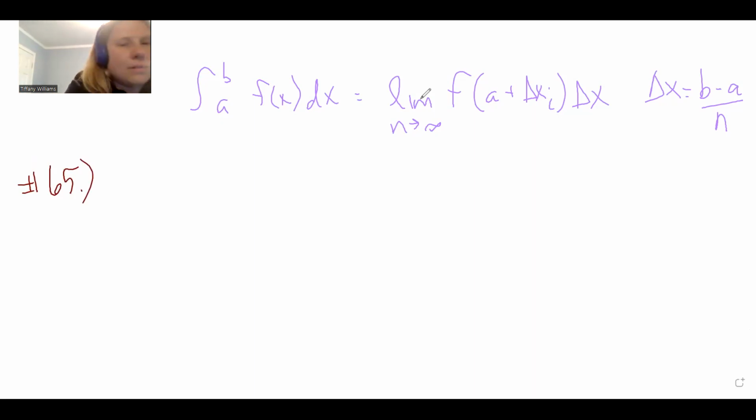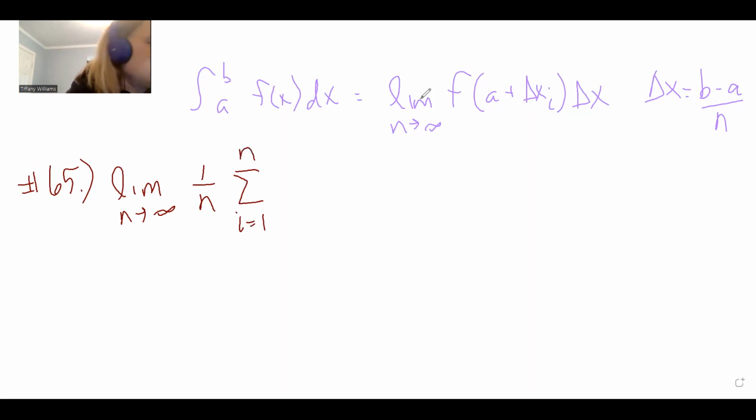we have the limit as n approaches infinity of 1 over n times the summation of i equals 1 to n of i over n. Now, this is still written a little bit differently than the definition I just gave you.